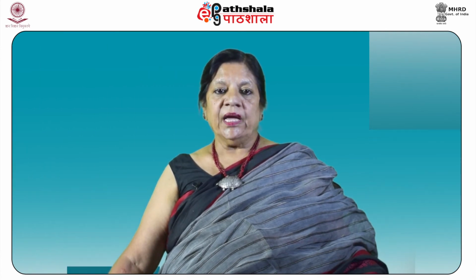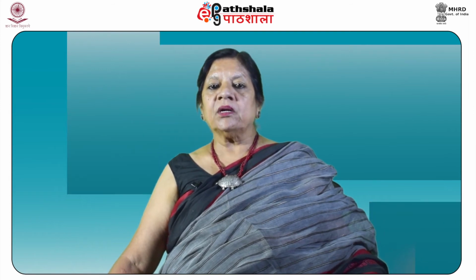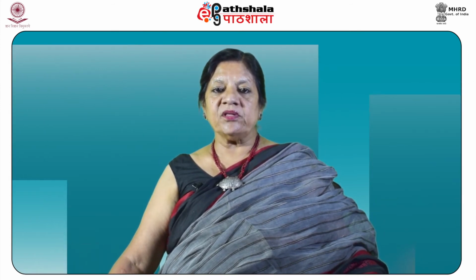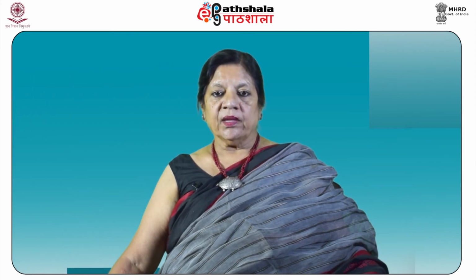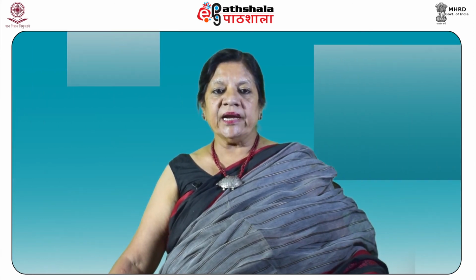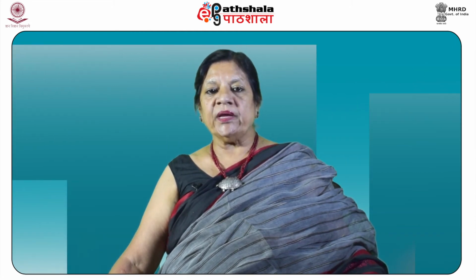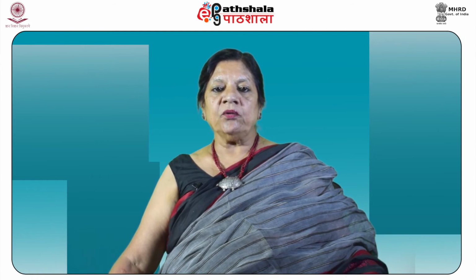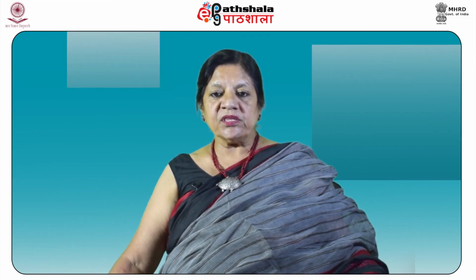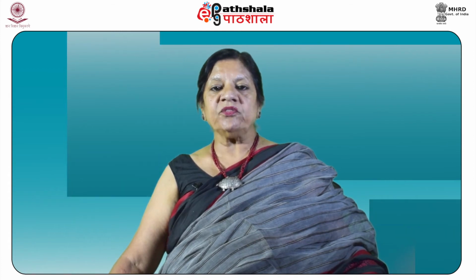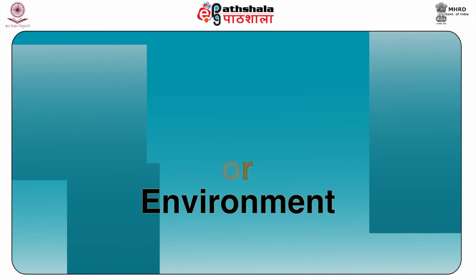For instance, in 1992, the Supreme Court ordered the closure of a number of tanneries in Kanpur as they were polluting the Holy Ganga. In August 1993, several foundries around the famous Taj Mahal were ordered to be closed down because the air pollution caused by them had an adverse impact on the whiteness of the Taj Mahal.